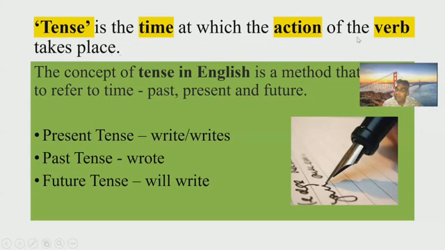When you say verb, verb is an action. And this action has to take place at one time or the other. It may be in the past, it may be in the present, or it may be in the future. So depending on this, we can denote the time of the action through a word called tense. Okay. So we'll move to the next slide.